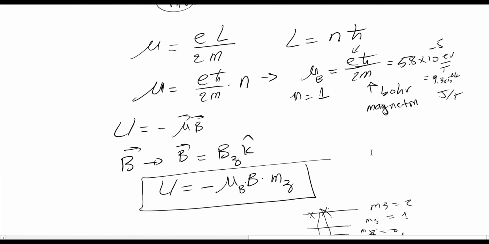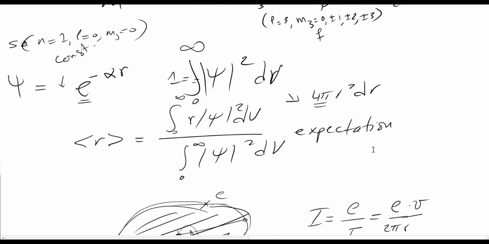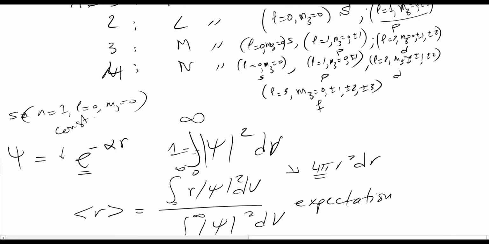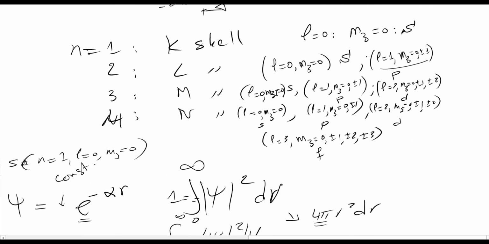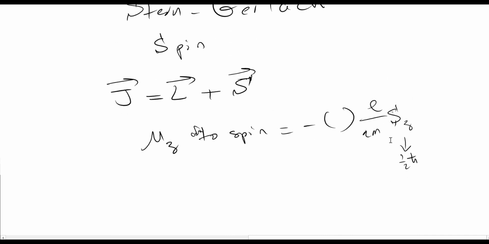If you do the calculation, mz must have 2l plus 1 values. For l equals 0, 2l plus 1 is 1. For l equals 1, 2 times 1 plus 1 is 3. For l equals 2, 2 times 2 plus 1 is 5. For l equals 3, 2 times 3 plus 1 is 7. So that is basically the way it's supposed to be. It's supposed to be an odd number.